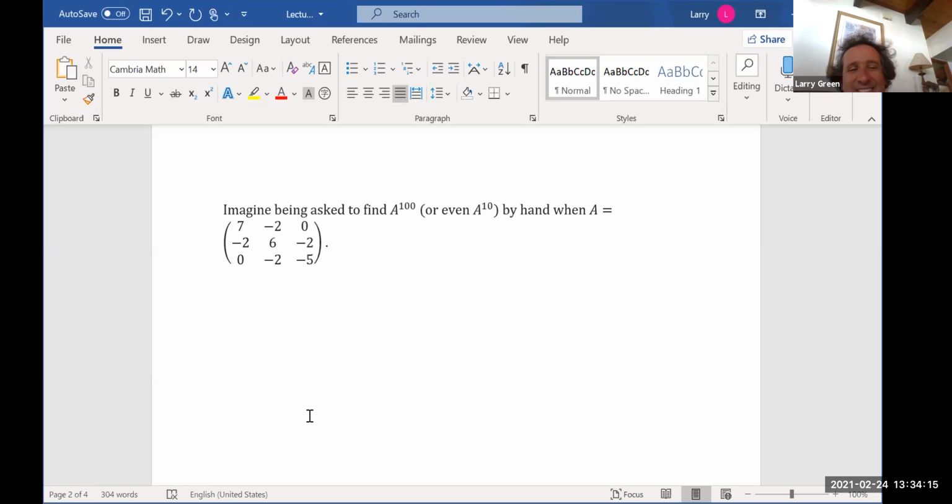Exactly. So what we're going to look at is we don't have to lie down and cry. We can take A to the 100th, and we can do this in probably 5 minutes. And you just have to use what we've learned how to do already.